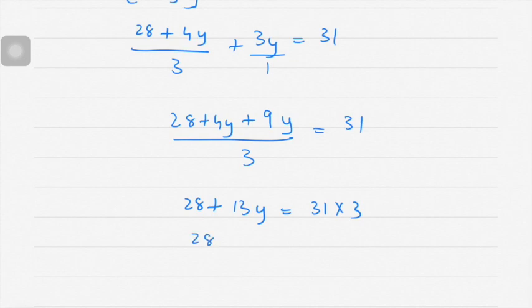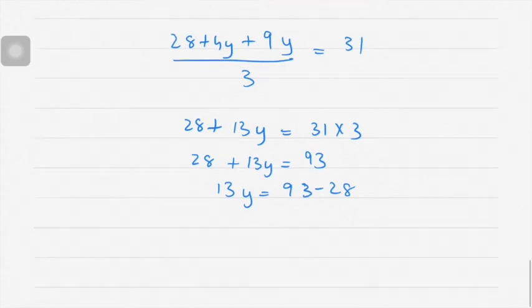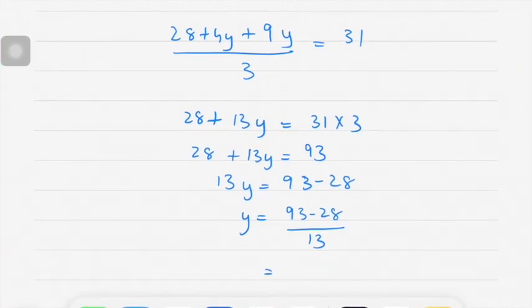So 31 into 3. Now 28 plus 13y is equal to 93. Now 13y is equal to 93 minus 28. Y is equal to (93 minus 28) upon 13.